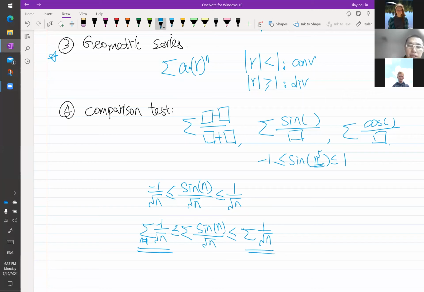So this expression is between two divergent series, so it has to be divergent, right?